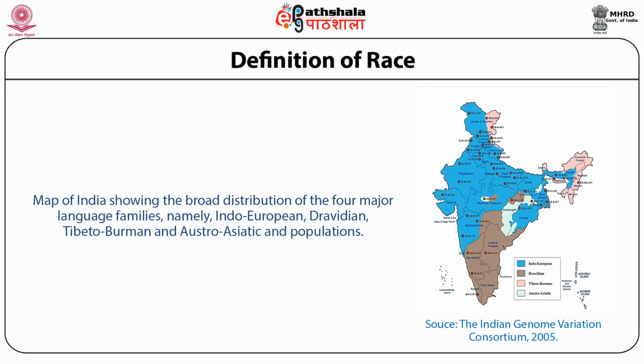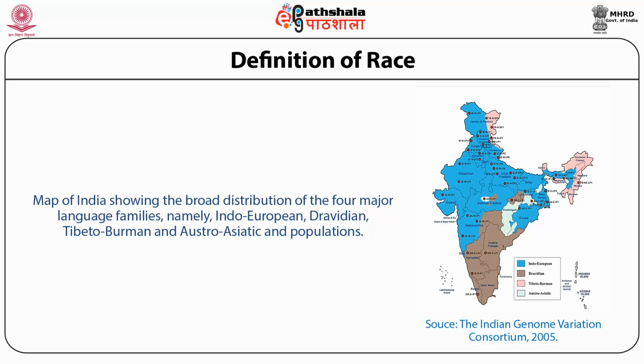Linguistically, the Indian population belongs to four major language families, that is Indo-European, Dravidian, Tibeto-Burman and Austro-Asiatic. The Indo-European and Dravidian languages are spoken in the northern and southern parts of India respectively. The Tibeto-Burman speakers are concentrated in the northeastern parts of the country.